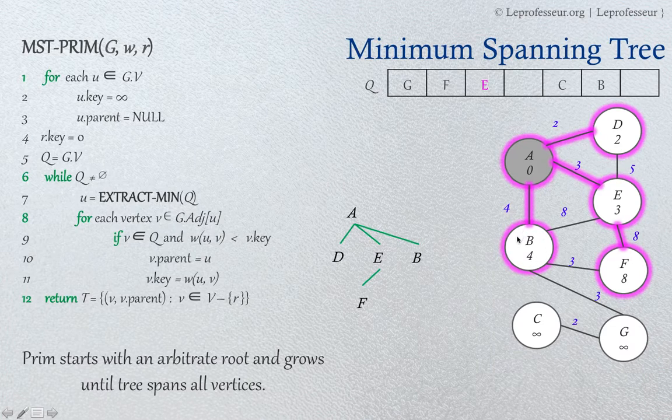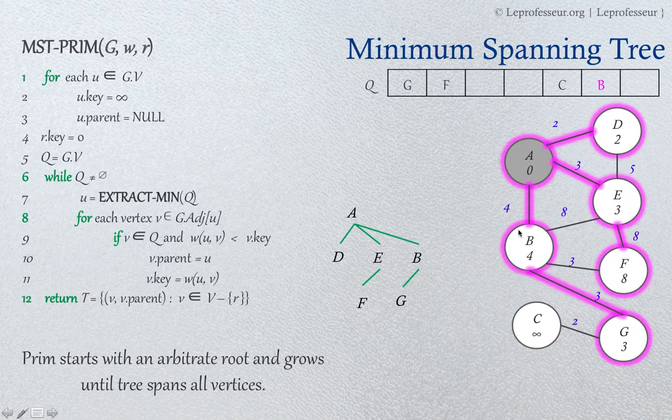Now we again finish the loop at 8 and go back to line number 7, extract min. So now B is left, which has the minimum key value.